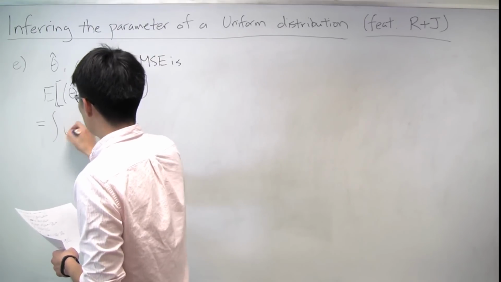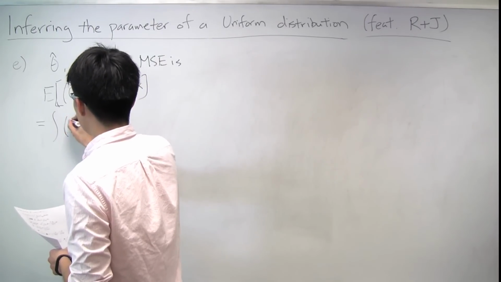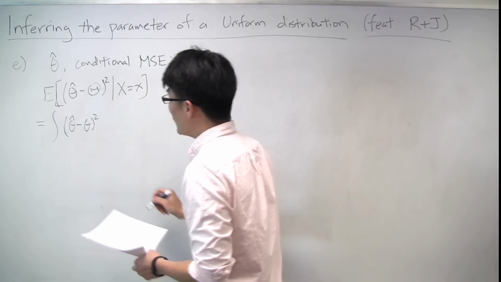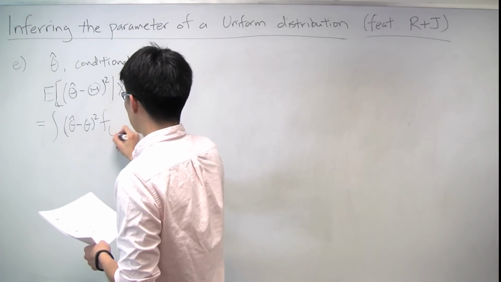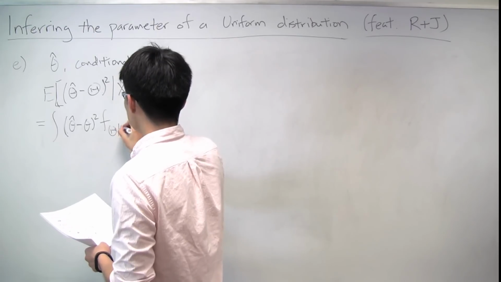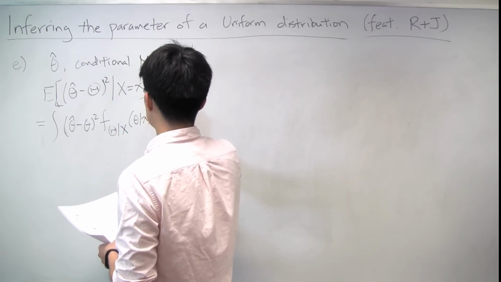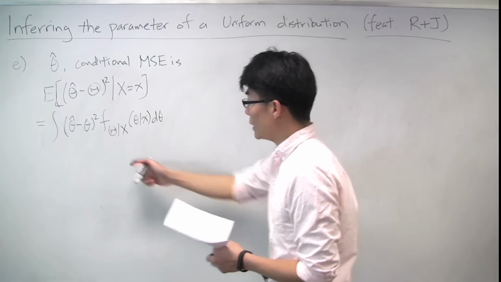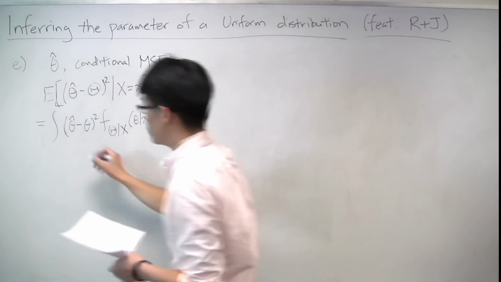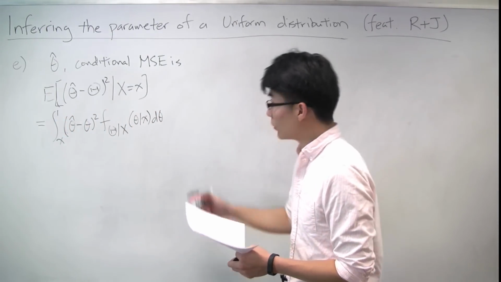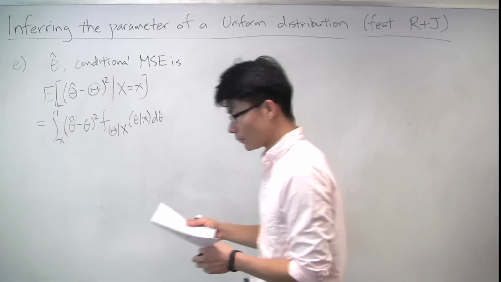So it's theta hat minus theta squared. And we weight that by the appropriate conditional PDF, which in this case would be the posterior. And we integrate this from theta equals x to theta equals 1.